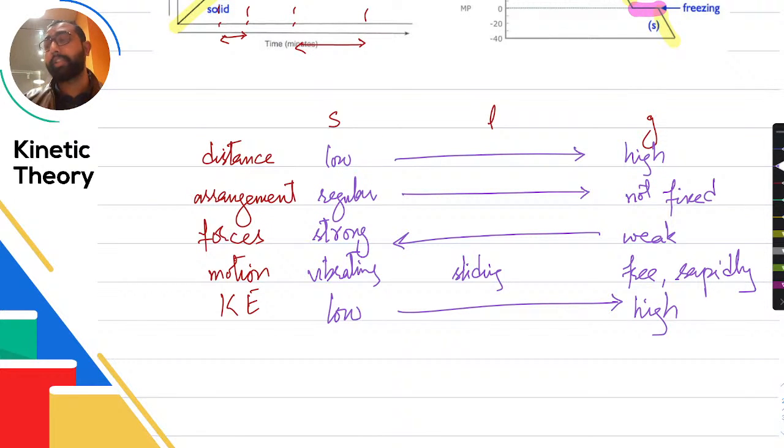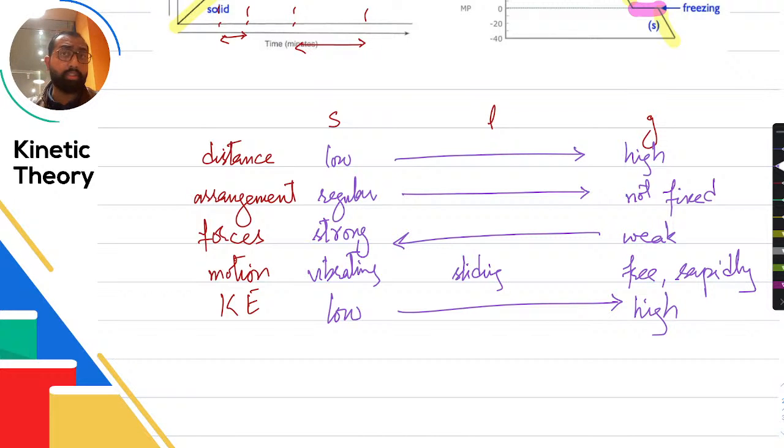Now here's an interesting thing. The forces are exact opposite of distance. And I told you in the beginning, distances affect forces. Which means that if you have strong forces, the particles are not going randomly away. They're close together. Okay? So forces are opposite of distances. But if you notice, if the distance is higher, motion is also very fast.